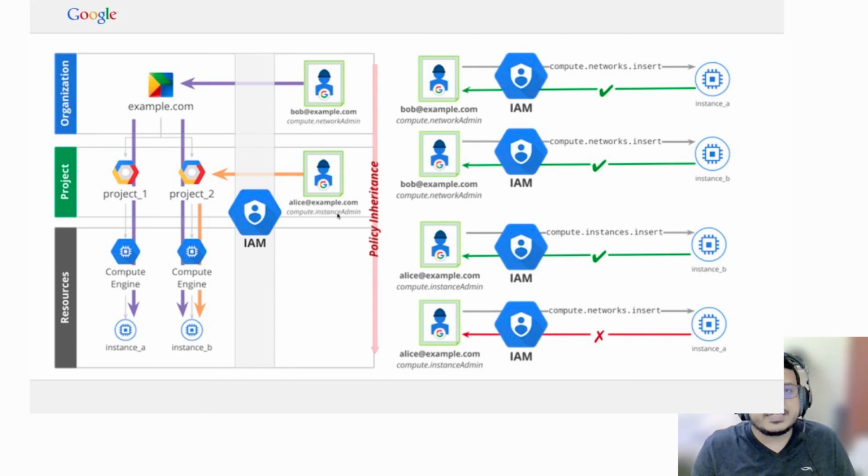These identities are mapped. So let's talk about a few definitions here. Now, what are Google accounts? They represent people like you, me, any engineer working on Google Cloud Platform, administrator, and so on. What are service accounts?